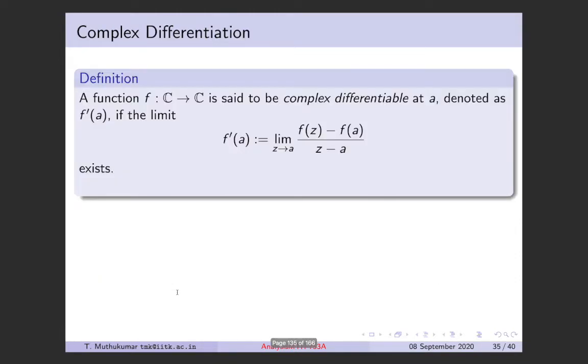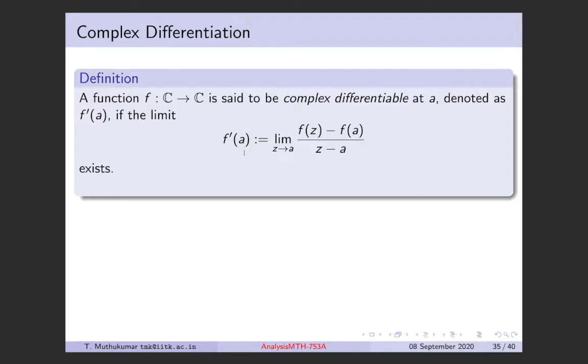Okay, now let's get to the complex derivative. It's very similar to the real derivative, right? The derivative of a complex function at any point A is defined whenever this limit exists, the same as the real derivative.